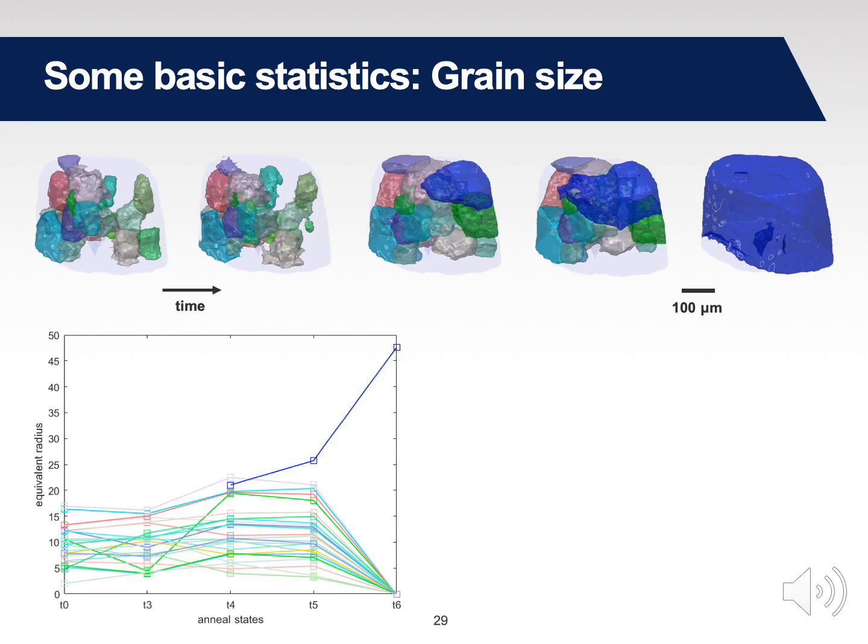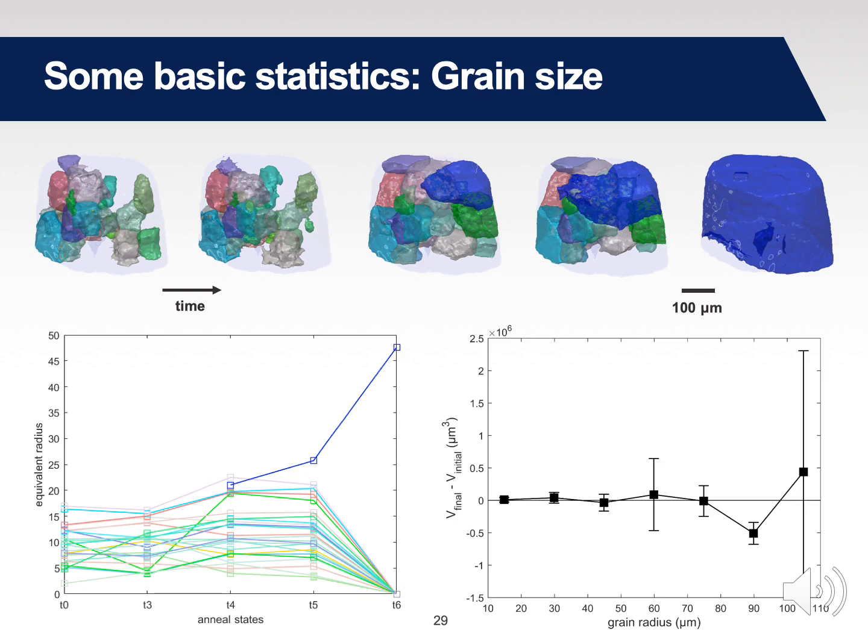All of them would disappear. And so this grain that survives is blue as before, and it enters the field of view at time step t4, which is on the order of 30 minutes or so, if I remember correctly. And so we can correlate the initial grain radius, or the initial grain size, with the volume change of the given grain across time.